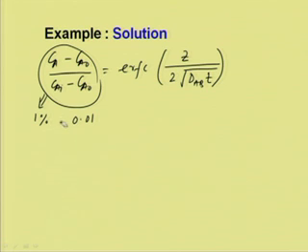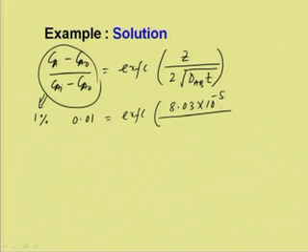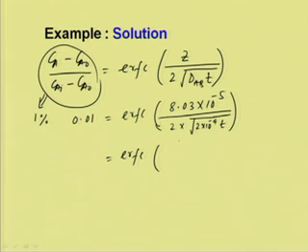So, 0.01 is equal to the complementary error function of z, with this thickness 8.03 into 10 to the power minus 5 divided by 2 root over diffusivity, which is given as 2 into 10 to the power minus 9 into t, which is equal to the complementary error function of 0.898 divided by root over t.